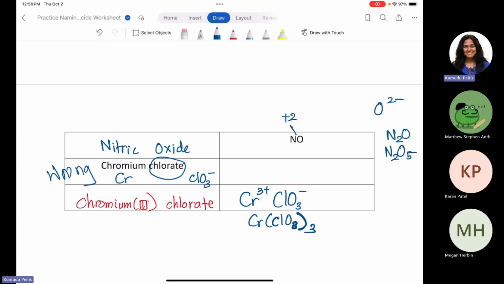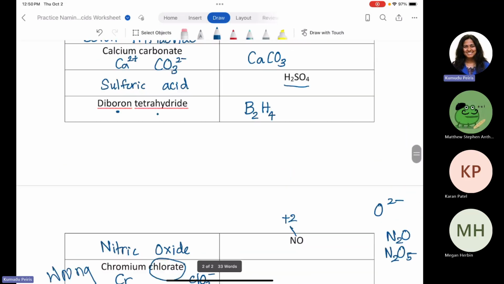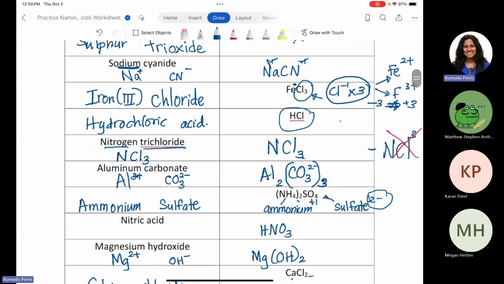So you understand, whenever you see a transition metal in the name, please make sure you put the oxidation number there, because transition metals make more than one charge. Like iron makes plus 2 and plus 3.